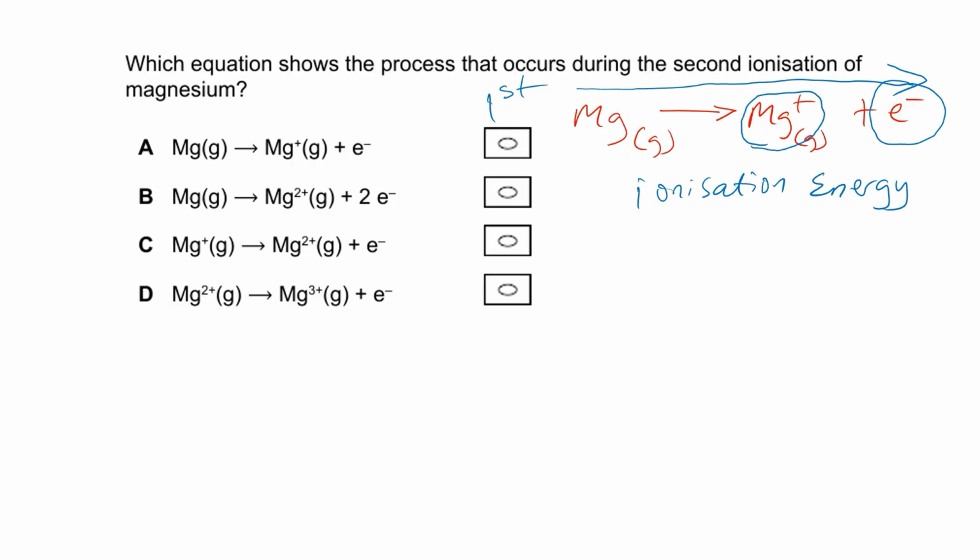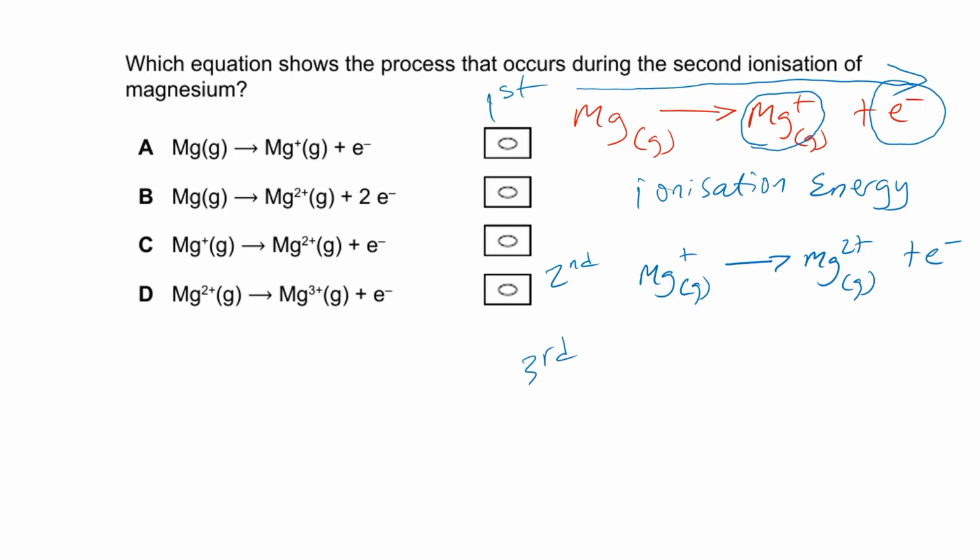All right, so now for the second, we're going to have a magnesium ion in its gaseous state, an electron being removed from this magnesium ion to give us magnesium 2 plus, still in its gaseous state, plus an electron. So this is called the second ionization equation, and the energy required is known as the second ionization energy. You can have third as well.